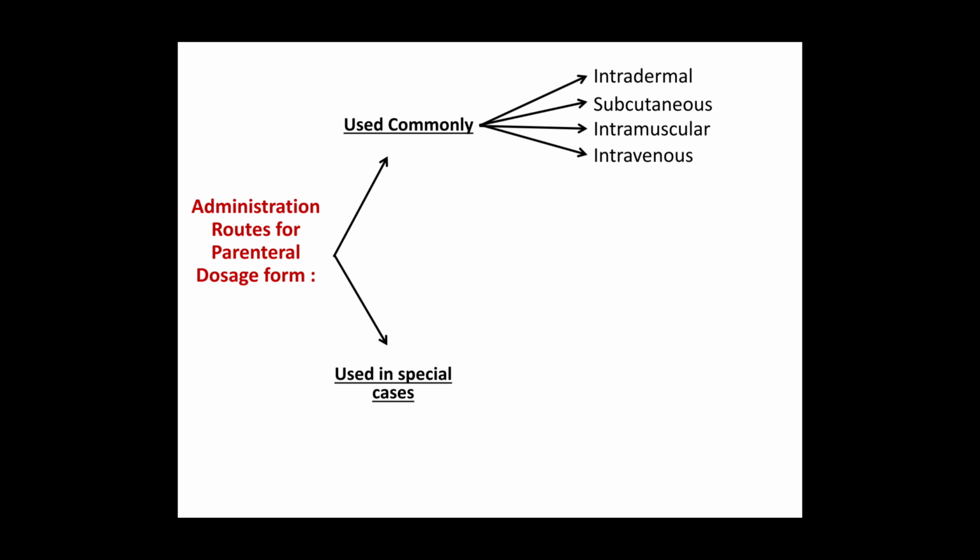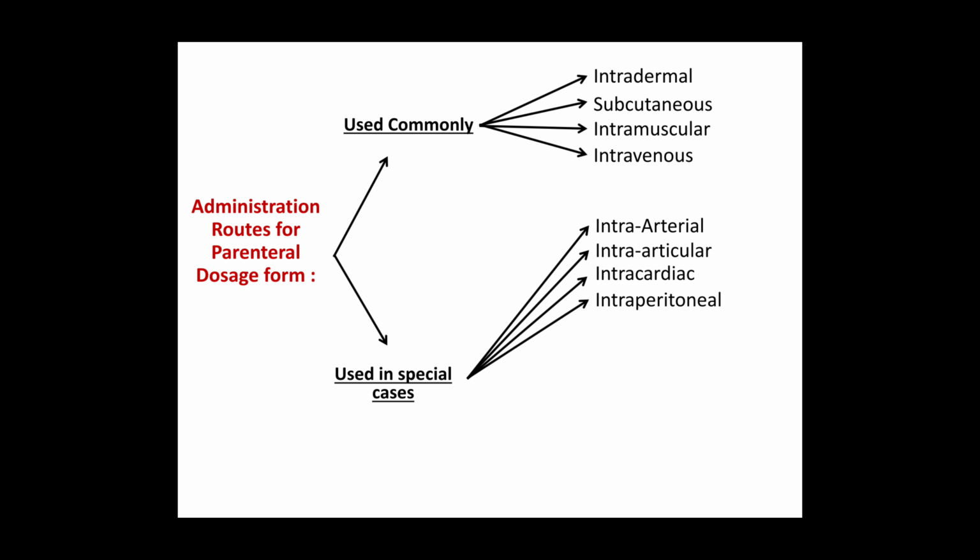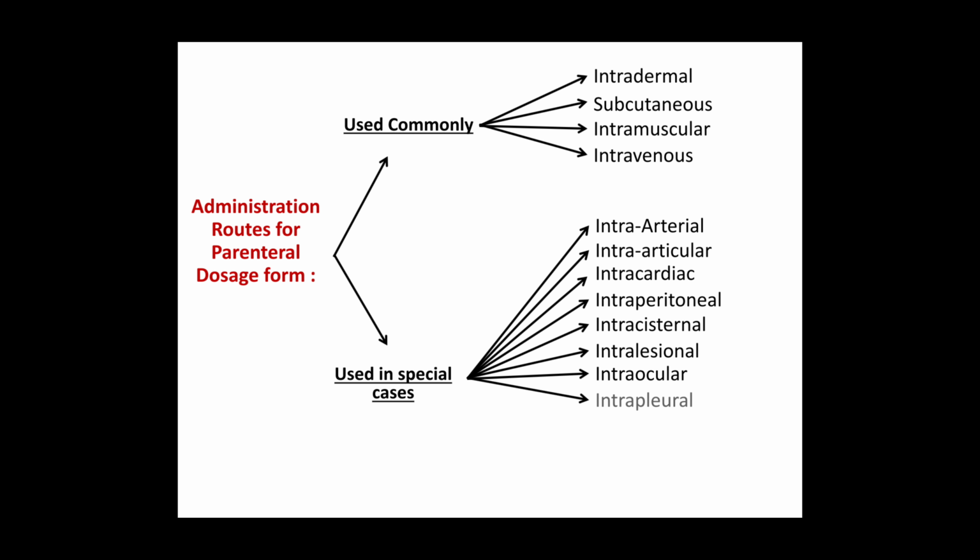And the special routes in special cases are intraarterial, intraarticular, intracardiac, intraperitoneal, intracisternal, intralesional, intraocular, intrapleural, intrathecal, intrauterine and intraventricular. So these are all the routes by which the sterile dosage forms or parenteral dosage forms are administered into the body. Let's see one by one.